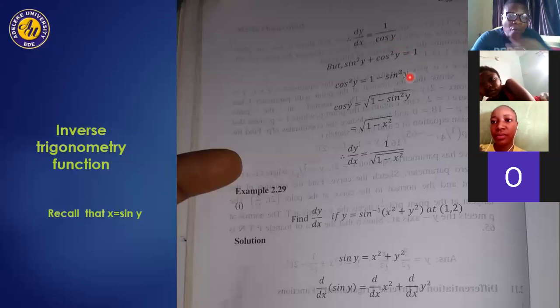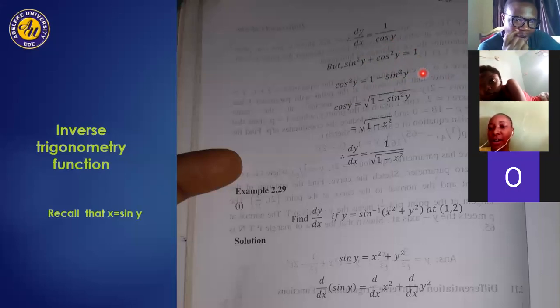So now you move further: sine square y plus cos square y is equal to 1. So that means cos square y is equal to 1 minus sine square y. Did you get that part? Now, let this square go to the other side. So that's how you have cos y equal to the square root of 1 minus sine square y.